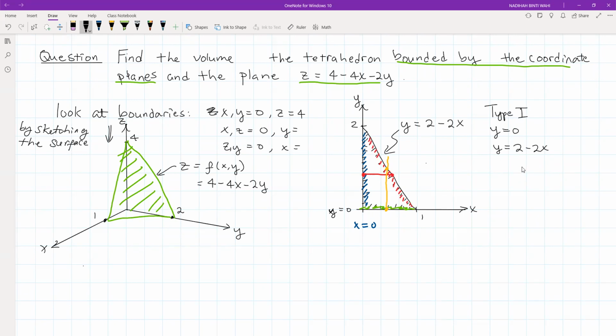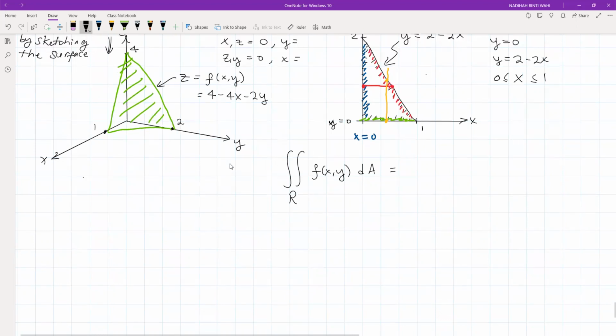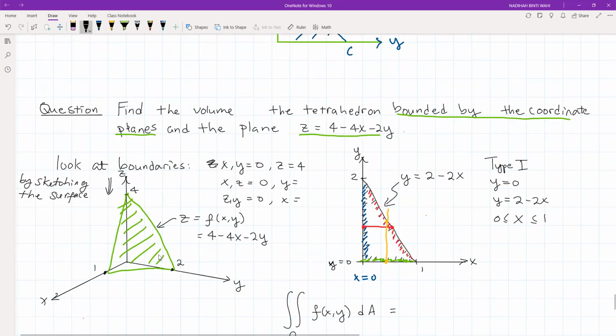Okay, so we can say that x goes from 0 to 1. So we can write our function, this is our function f(x,y) and then dA. So in this case, I don't have to use a triple integral because I can see that this is just a regular surface plane bounded by 3 axes.